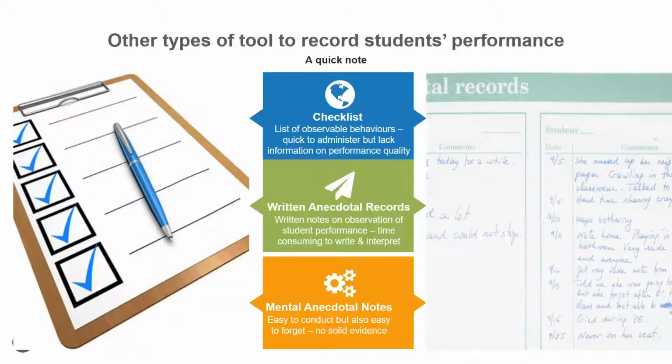So you can use checklists, because a checklist is very clear cut. What are the observable behaviors that you will be looking at, and all you need to do is just tick. So if you look at the image on the left, basically a checklist will look like that.